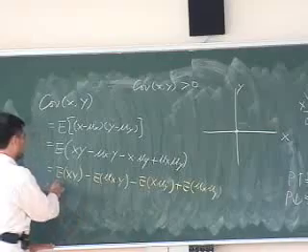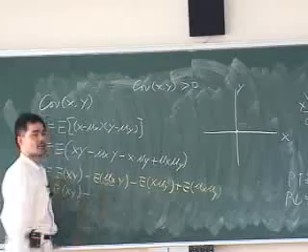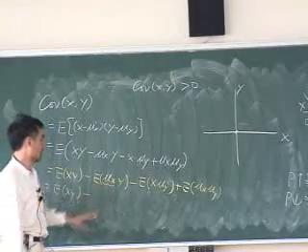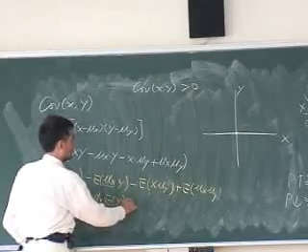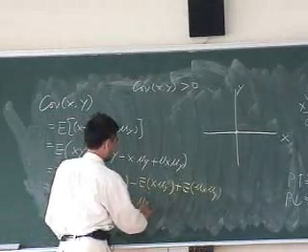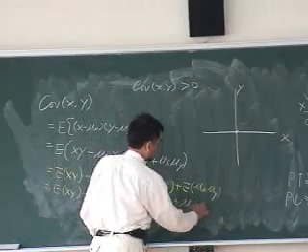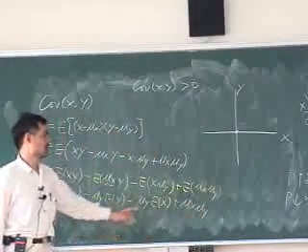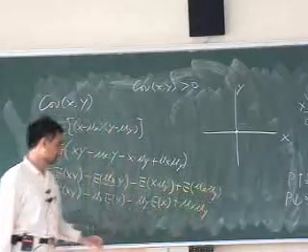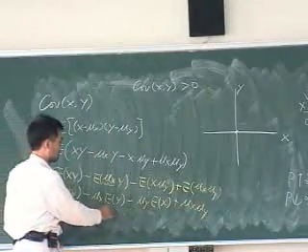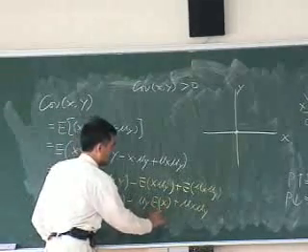Then you have the expectation of xy minus mu x times expectation of y, minus mu y times expectation of x, plus mu x mu y, because mu x and mu y are constants, so we can move them out. The expectation of y is actually mu y, and the expectation of x is actually mu x.